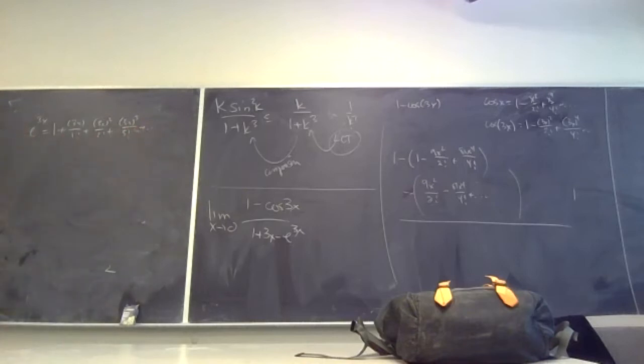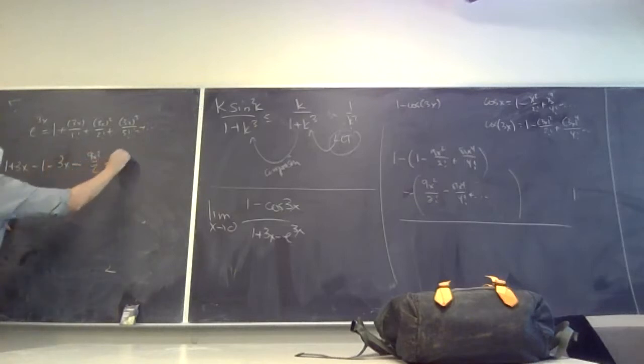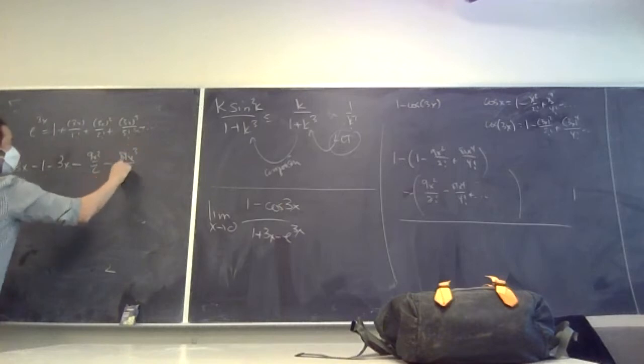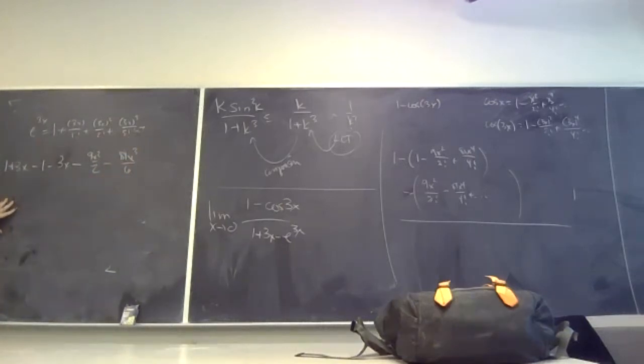So if you do 1 plus 3x minus that, minus 1 minus 3x minus 9x squared over 2 minus 81x to the third over 6. Well, the 1 and the 1 cancel, and the 3x and the 3x cancel. And you're left with minus 9x squared over 2 minus 81x to the third over 6, and so on.